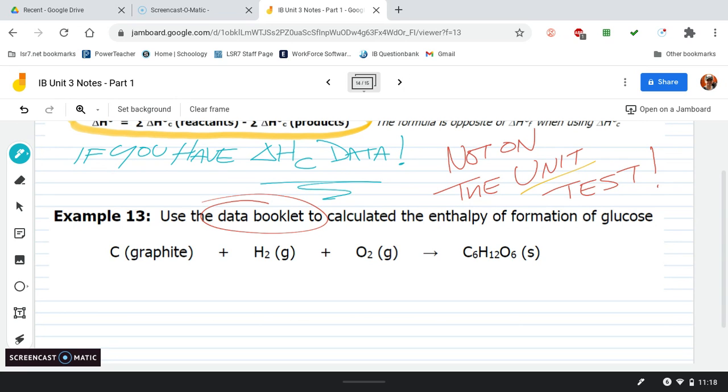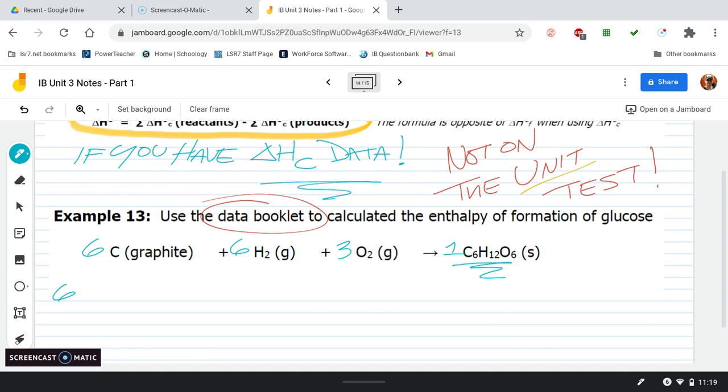Now, one thing I should point out is this does need to be balanced, because it's not balanced, which is a problem because we're looking for one glucose and the rest of it's not balanced. So I balanced it up real quick, and then it's just going to be reactants minus products, which is opposite.